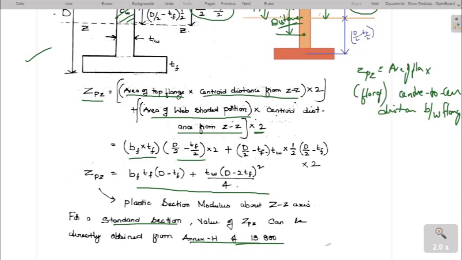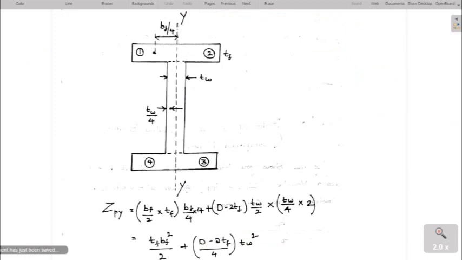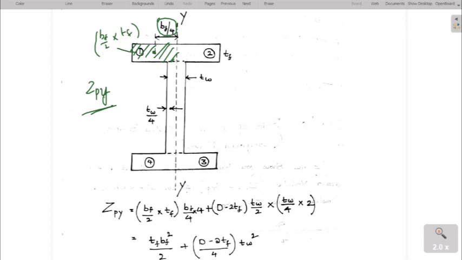The plastic section modulus. And this figure here helps us to find the ZPY, the plastic section modulus about the vertical axis. So let us consider this first figure here, and the area of this would be BF/2 into TF. This area is going to have a centroid here, which is at a distance of BF/4 from the y-axis, right?